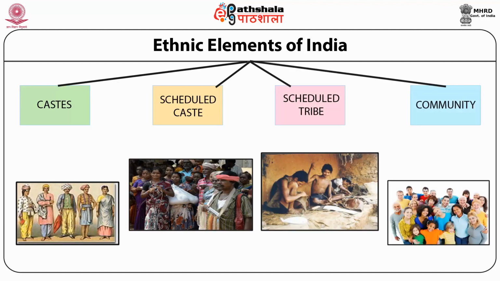According to Bose and Walter, community can be defined as a group of people having occupational, religious, linguistic, or regional characteristics. So, ethnic elements of India include caste, which includes Varna, Jati, scheduled caste, scheduled tribe, and communities.